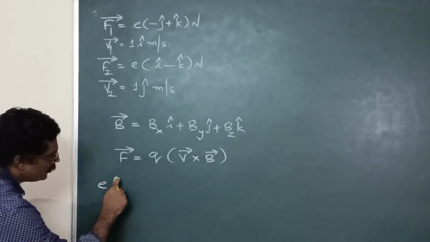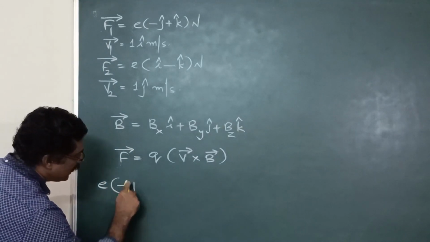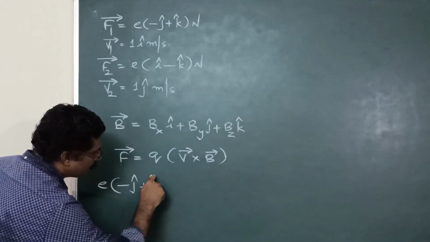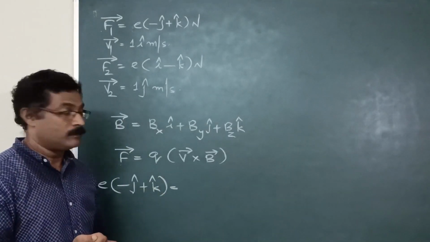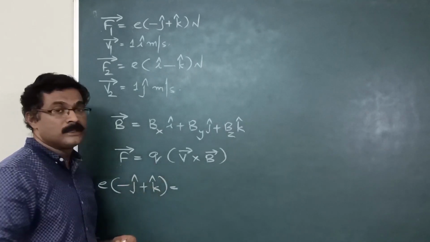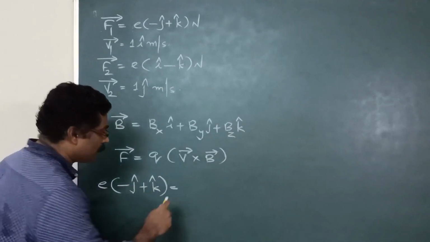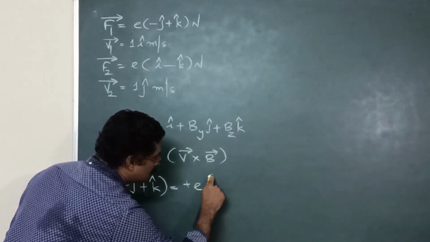What is that? E into minus j cap plus k cap is equal to Q, and it is a proton, so it is plus E. You have to take the sign of the charge also.